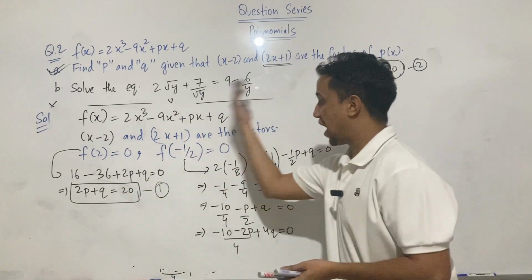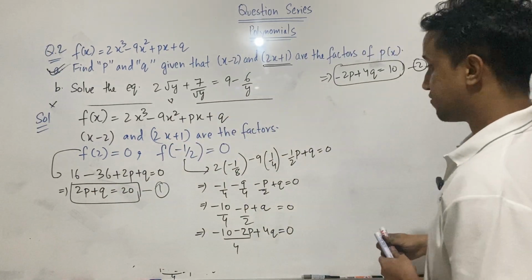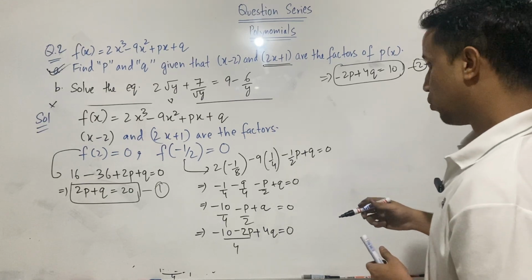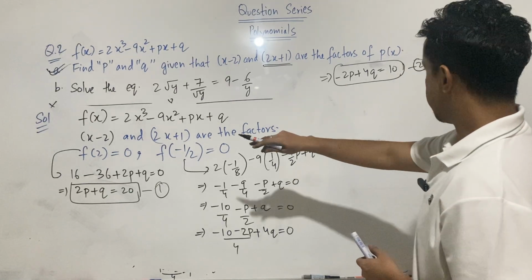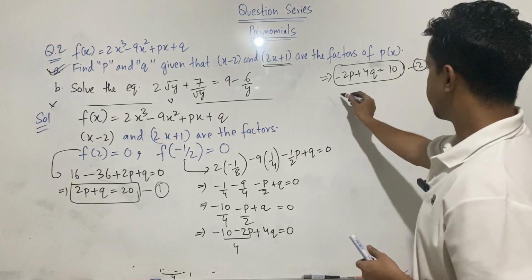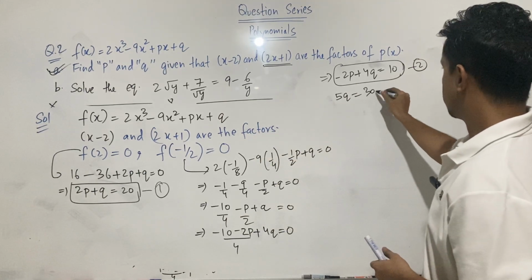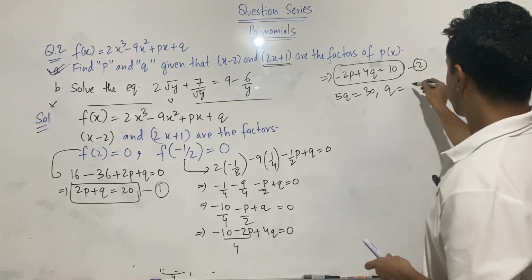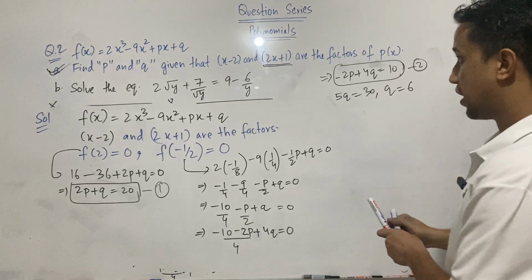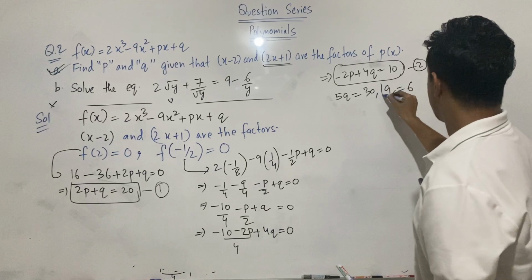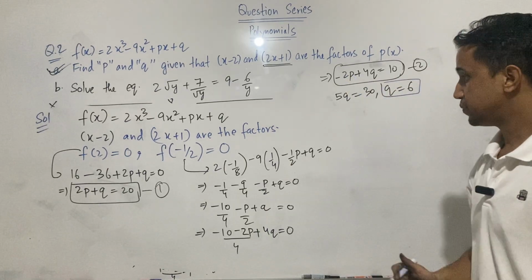So if I add both these equations, then 5q is going to be 30, which means q is going to be 6. So I got the value of q as 6.